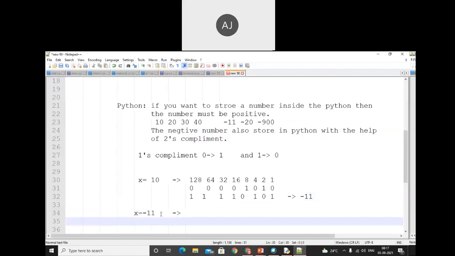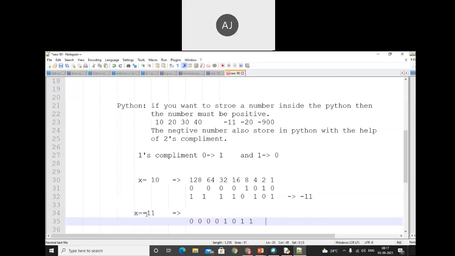First of all, what should I do? I will calculate the binary. These are the 0, 0, 0, and later on we all know that 8 is used, 4 is not used, 2 is used, and 1 is used. So this one is the binary of what? 11. Positive 11, not negative 11.